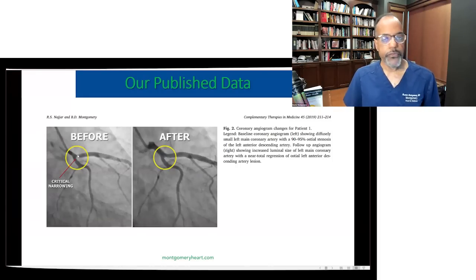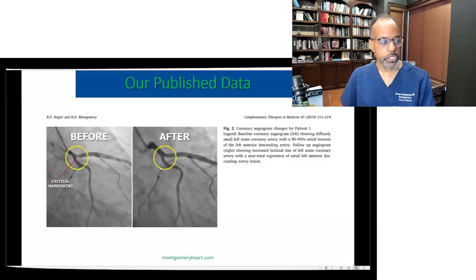They frequently refer to this as a widowmaker. This is a female patient, so you may think of this as a potential widow-maker. And after 5.5 months, this lesion went to 0. There's no stent, no surgery, of course, and you see the left main vessel improved as well. And this person's ejection fraction went from 24% to 50%.